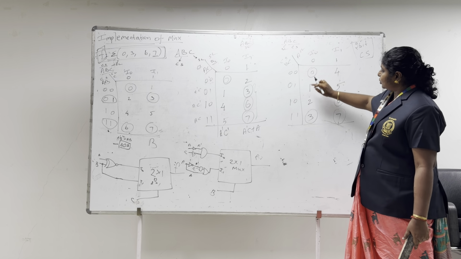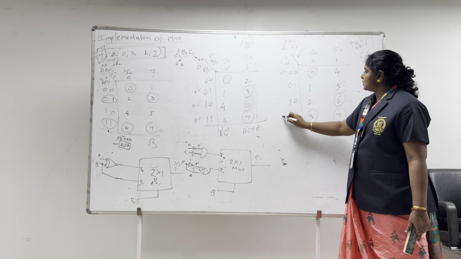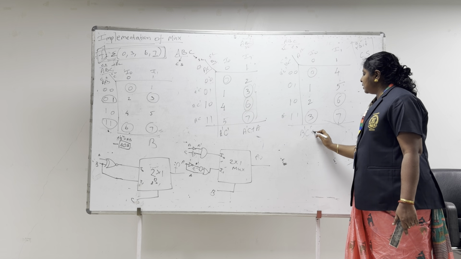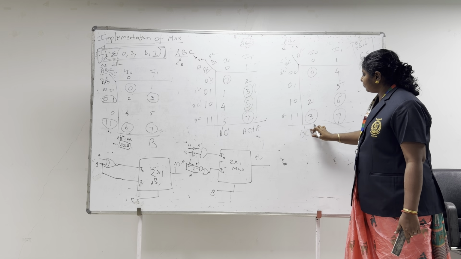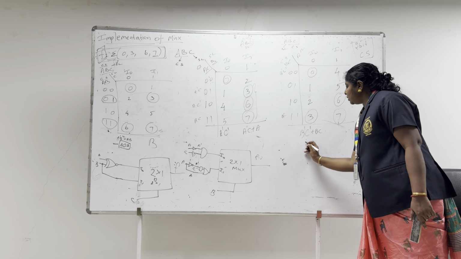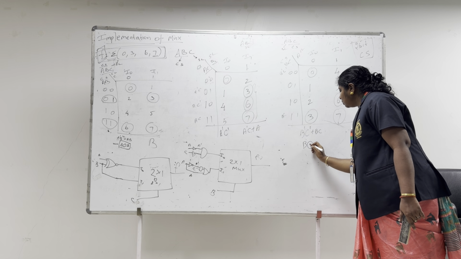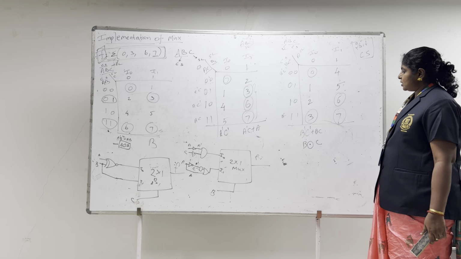See, 0 and 3: this is B bar C bar, this is BC. So no common terms, B bar C bar plus BC. This can be written as B XNOR C, as we saw in the first structure.